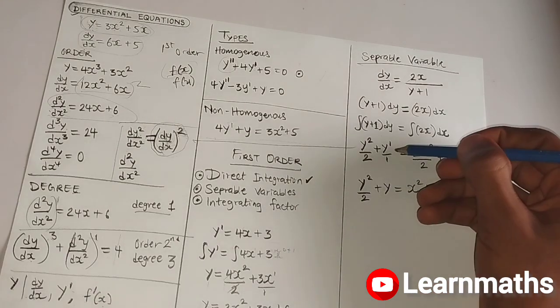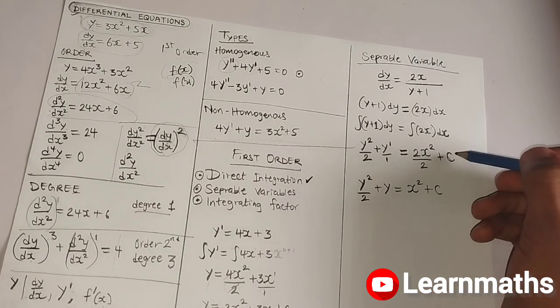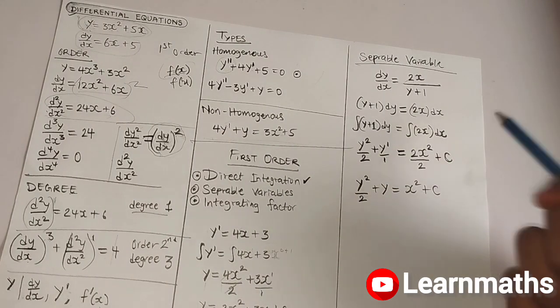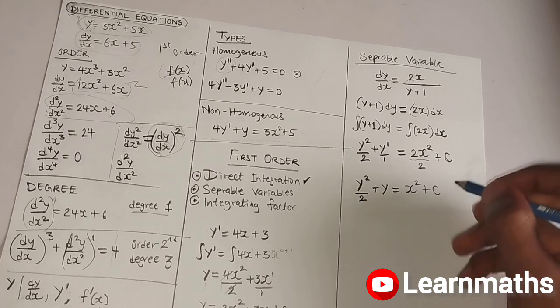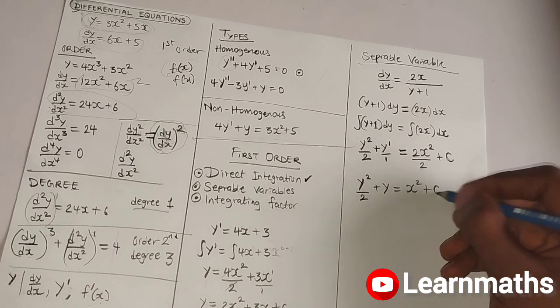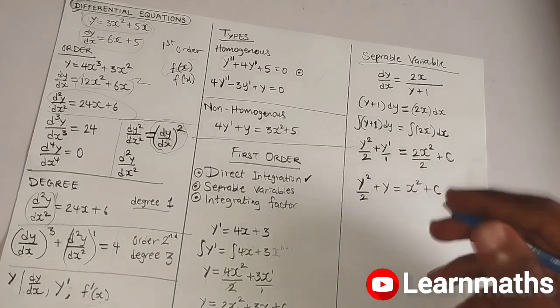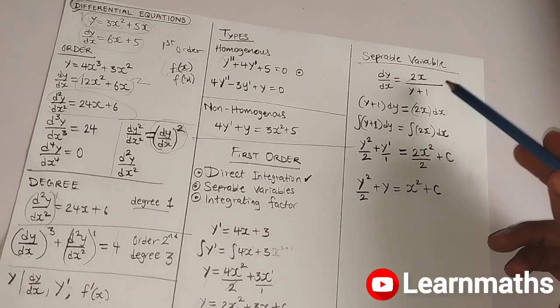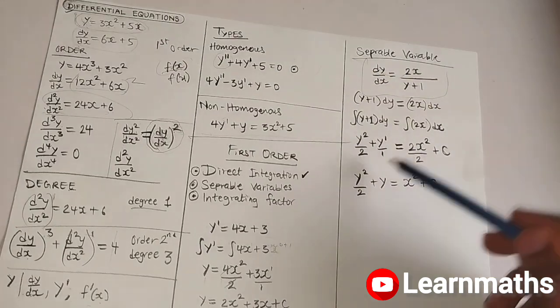If you added c here and another c there, putting these constants together, you're still going to arrive at a constant. So you should just add one constant, one c or one k. It represents all the possible constants that should have been there. All right, so this is the solution to this differential equation.